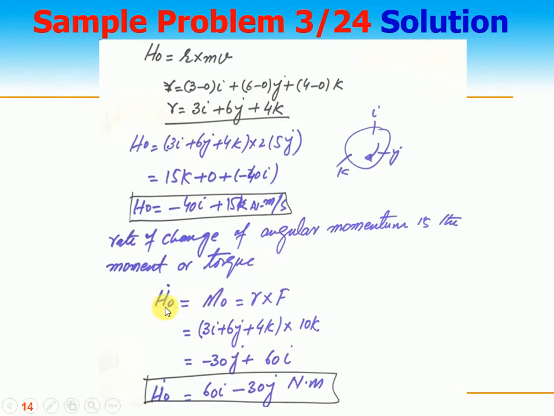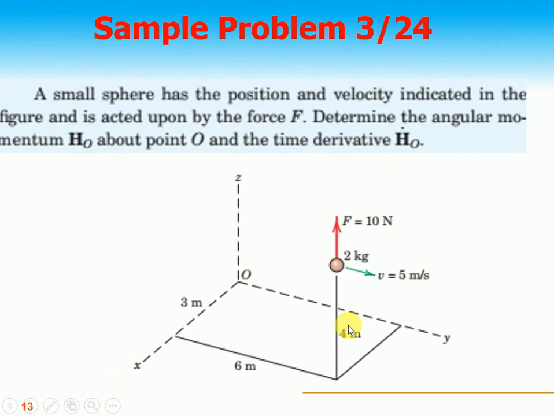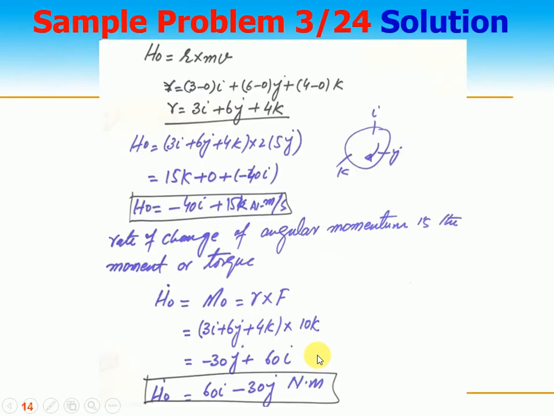So H naught dot is equal to M naught, which is equal to r cross F. This is r and F, this is the force, 10 Newton in z direction. So if I cross k, you see i cross k is minus j, in the opposite direction. Then j cross k is positive direction i, and k cross k is 0. So finally, 60i minus 30j Newton meter. So the rate of change of angular momentum will give you the moment.